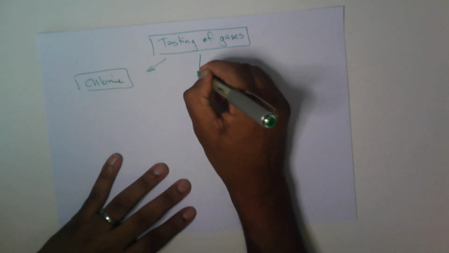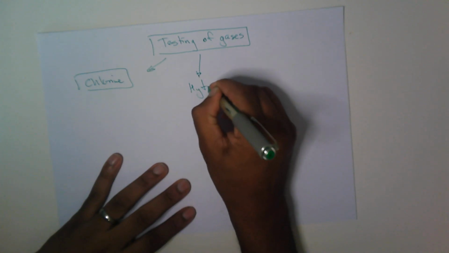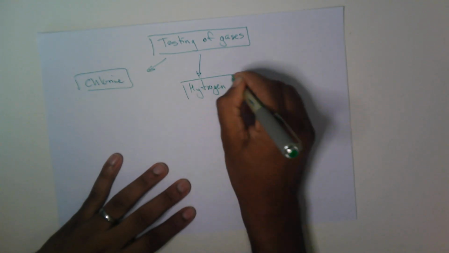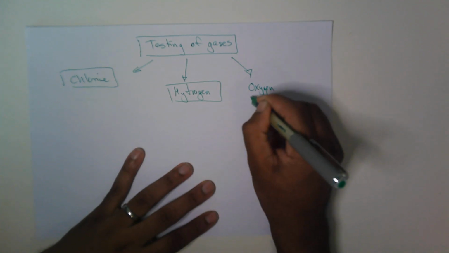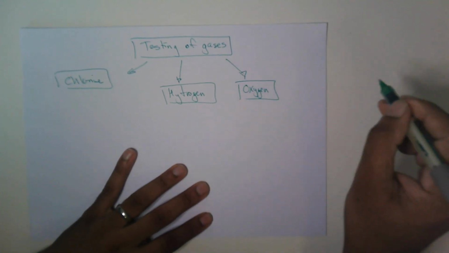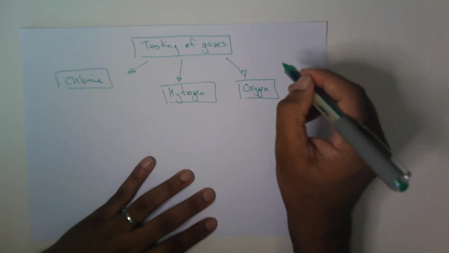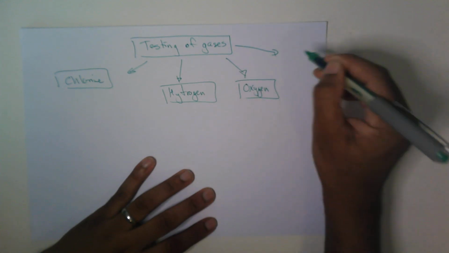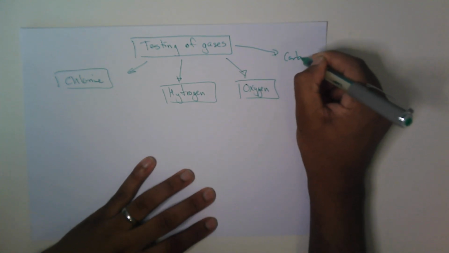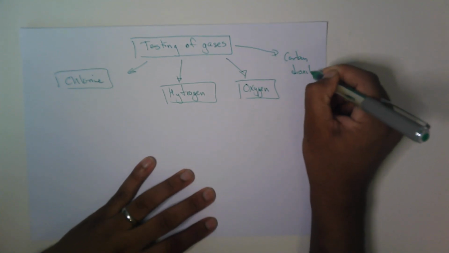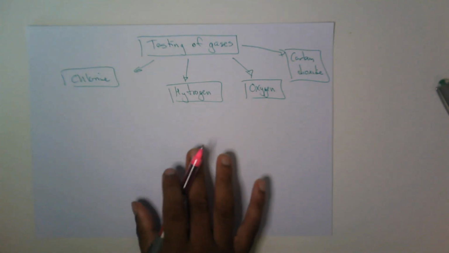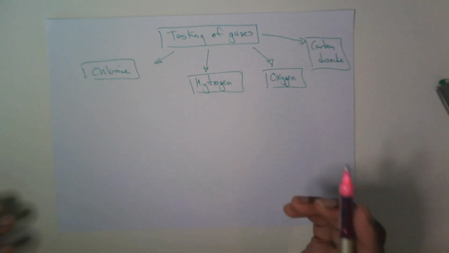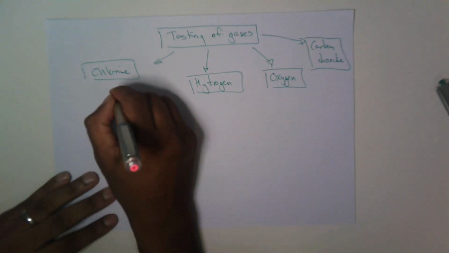We need to also look at how hydrogen is tested, oxygen, and the one that most students find relatively straightforward is carbon dioxide. Okay, now chlorine is the one that, like I said, a lot of students struggle to remember.